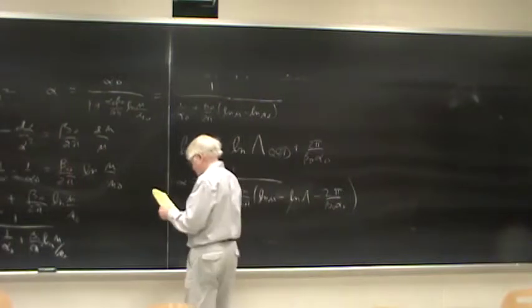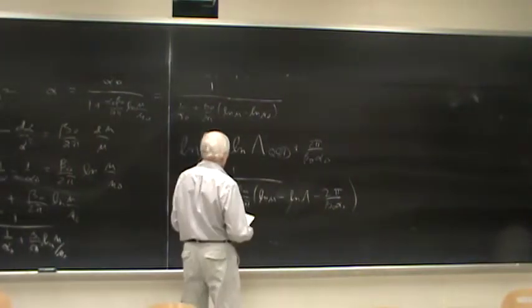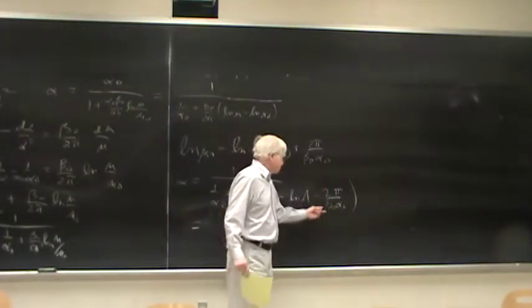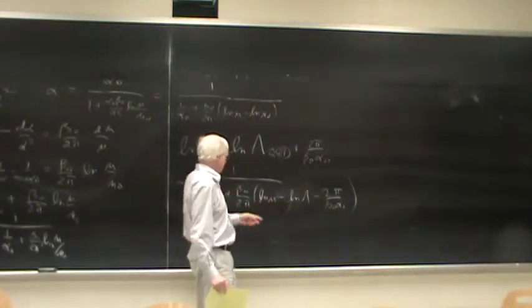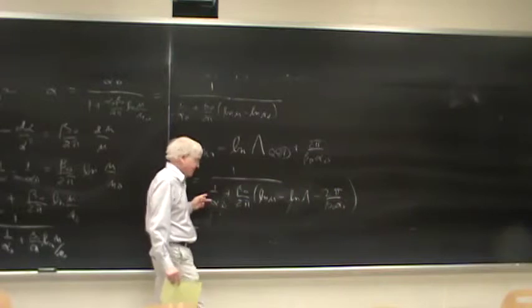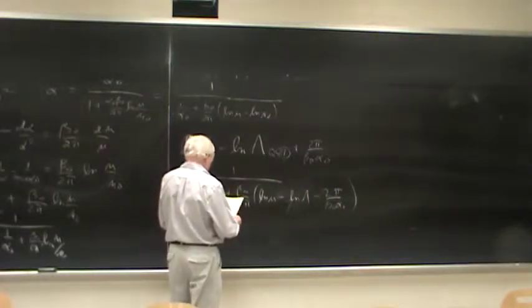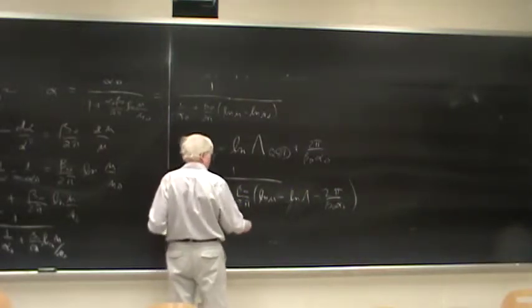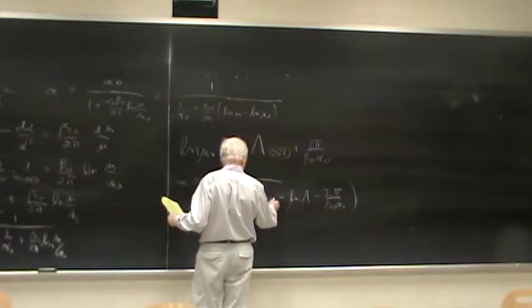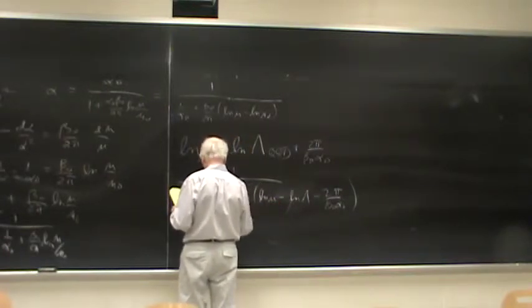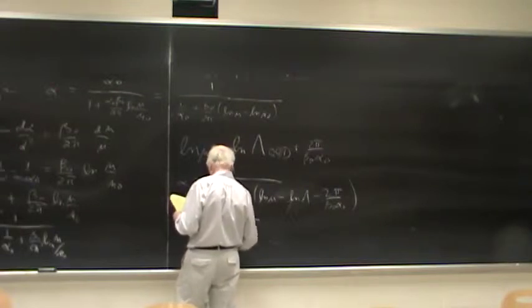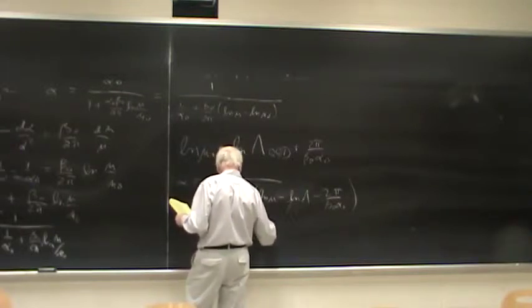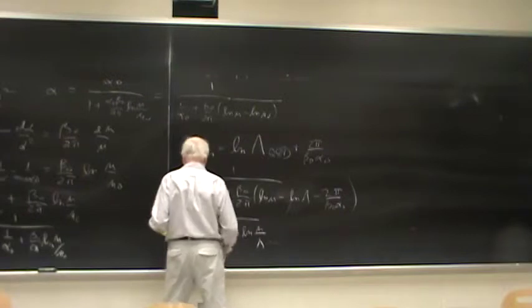And this last term was chosen so that when multiplied by beta 0 over 2 pi, it cancels the leading term there. And what's left then is the log of mu over lambda. And so this is 1 over beta 0 over 2 pi log mu over lambda.